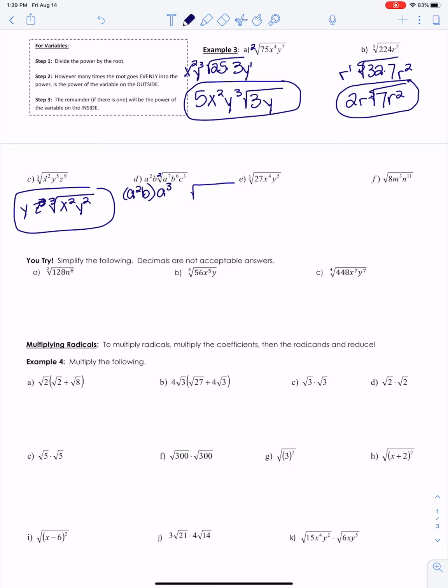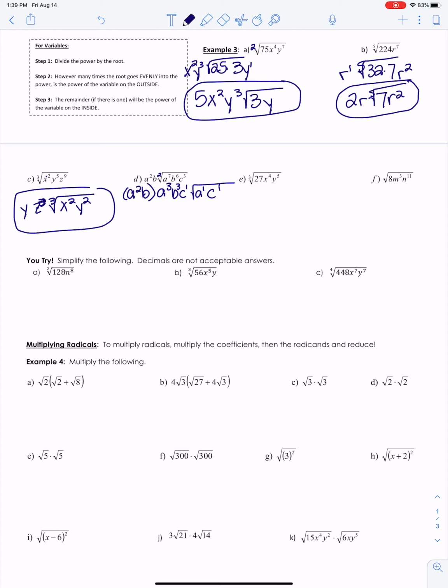My remainder is going to be 1, so I have a to the first on the inside. Then 2 goes into 6 3 times with no remainder, so no b on the inside.